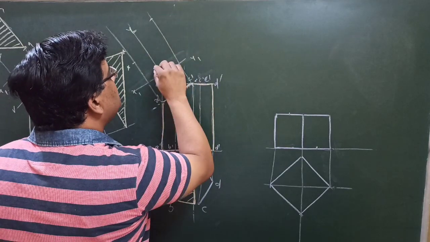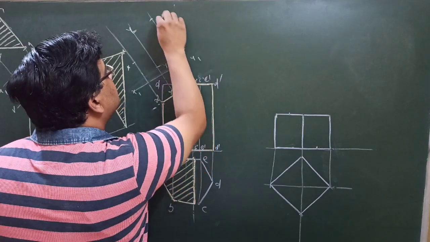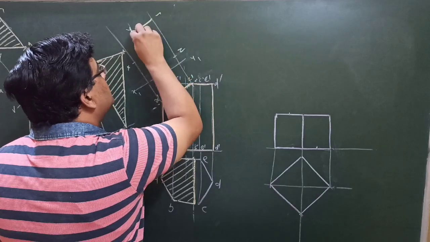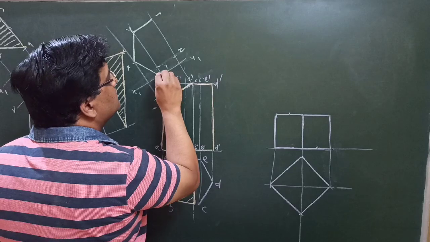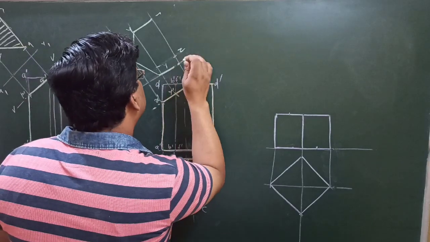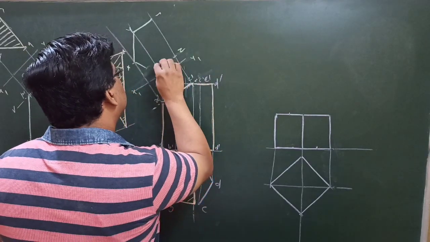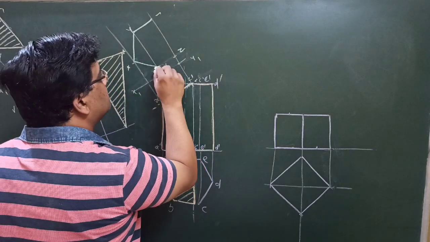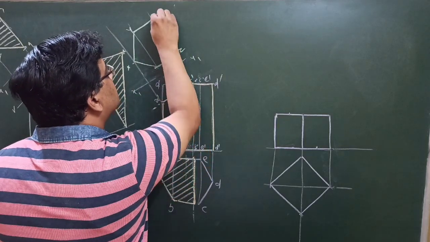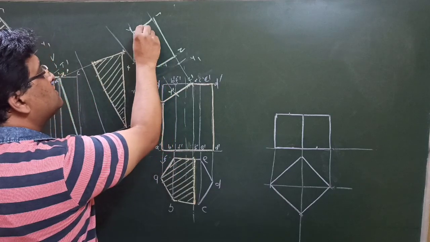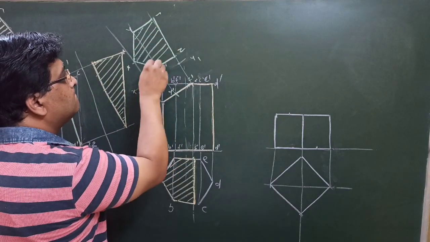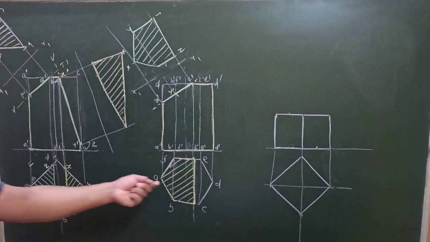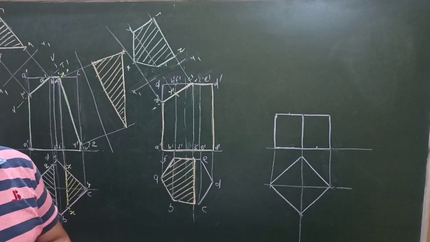So this will be the side. After joining this you will get the true shape of the section, like this. So this is the sectional top view, this is the true shape.